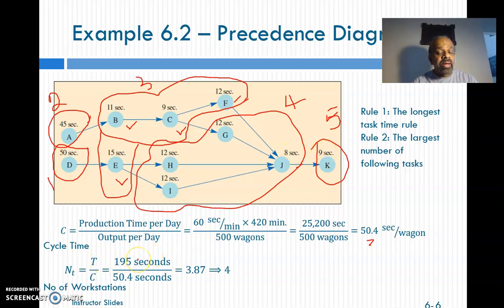That is the total time. So 195 seconds over the cycle time, which is 50 seconds, comes to a minimum of 4 workstations. We have 5 workstations, so that is fine because the minimum is 4, we have 5, so that is good. So we're going to go with 5 workstations, okay?